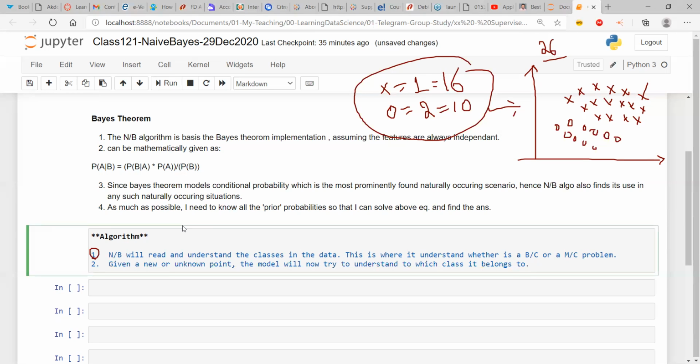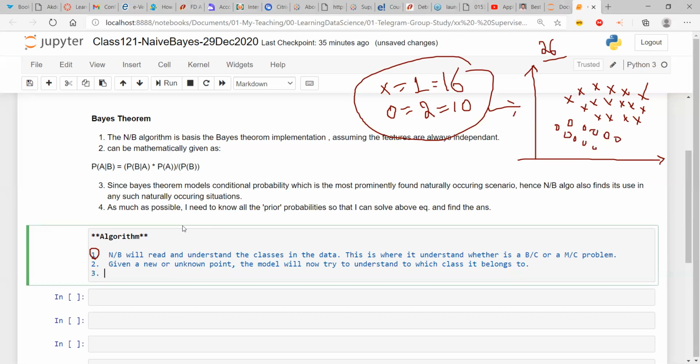This is the probability calculation. What it is exactly trying to find is the probability, given any unknown point x, that it belongs to class 1, or that it belongs to class 2.